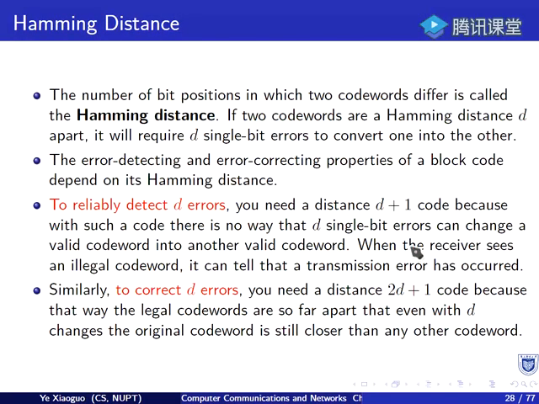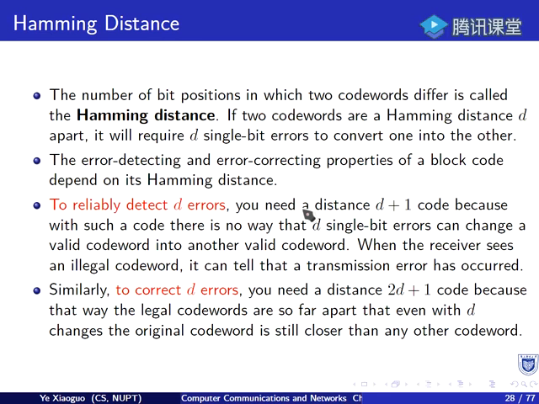Then Hamming distance is an important concept. The number of bit positions in which two code words differ is called the Hamming distance. If two code words are Hamming distance d apart, it will require d single bit errors to convert one into the other.